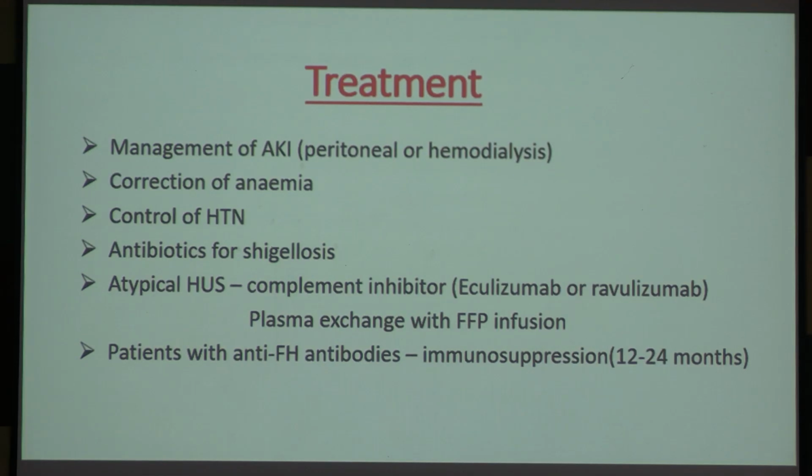In atypical HUS, complement inhibitor, that is eculizumab or ravulizumab, okay, and plasma exchange with FFP infusion. So plasma exchange only in case of atypical HUS, and immunosuppression for patients with anti-FH antibodies.